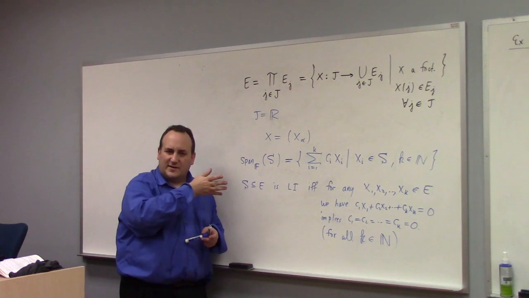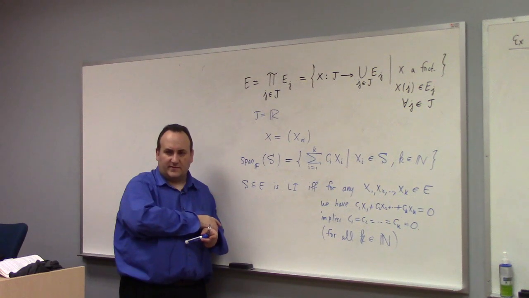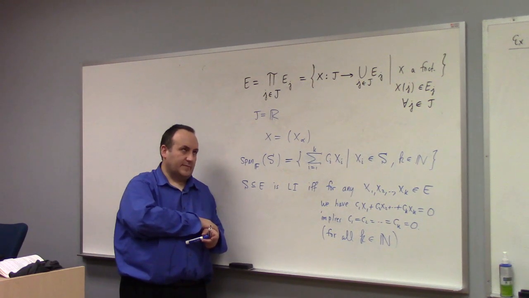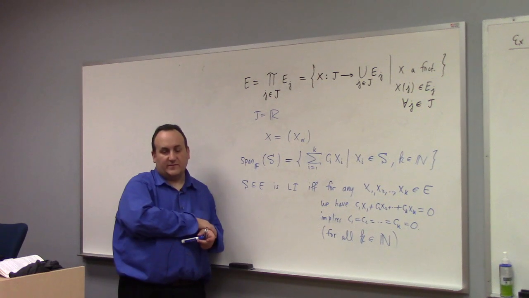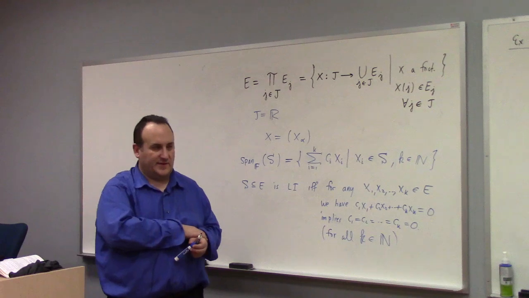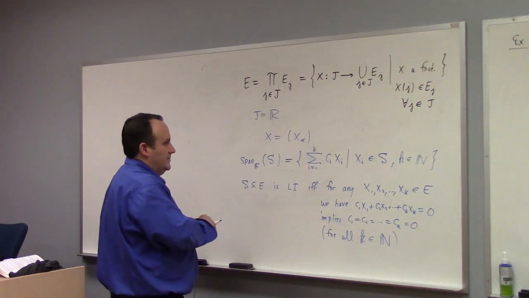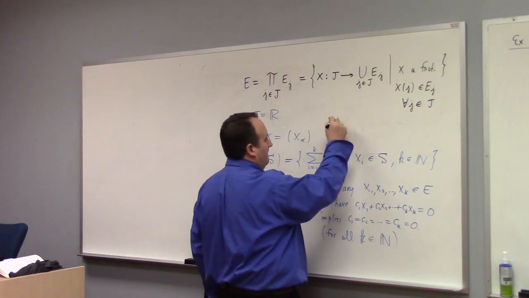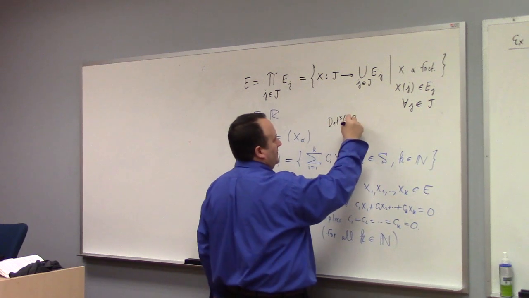Well, there's always infinitely many vectors in a vector space over a field of characteristic 0. Reals or complexes are infinite, and the vector spaces over them are also infinite. But the dimension, right? For a finite dimensional vector space, what's a basis? Remember the definition?